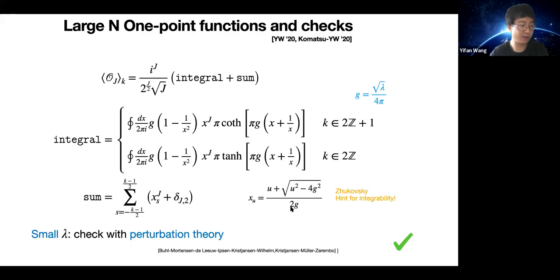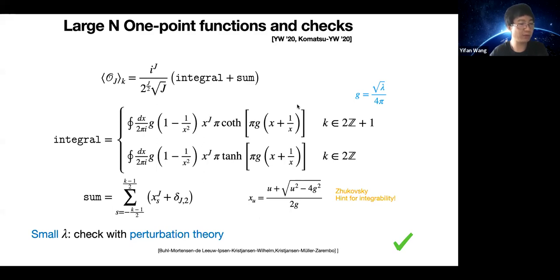This kind of coordinate shows up quite often in the integrability literature, and this is already a hint for this D5 brane being some integrable boundary state in type IIB string theory, which we'll discuss later.